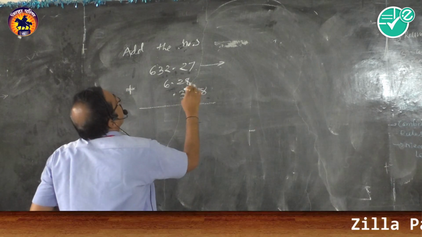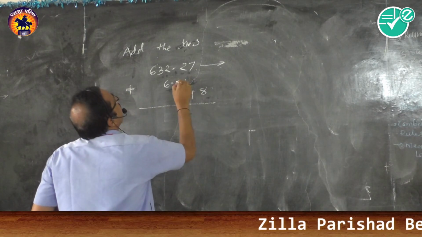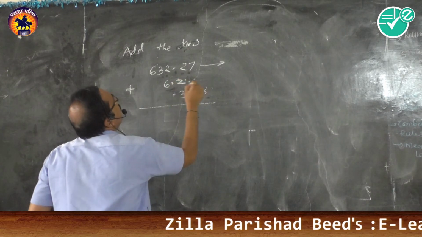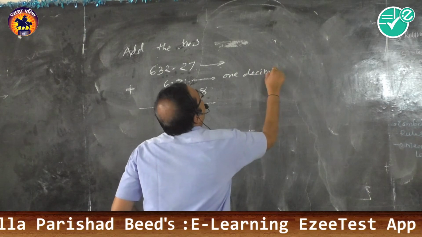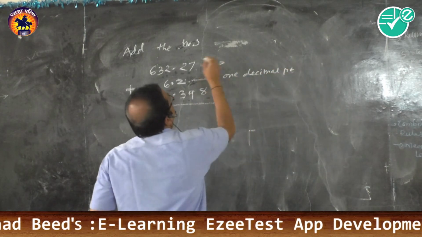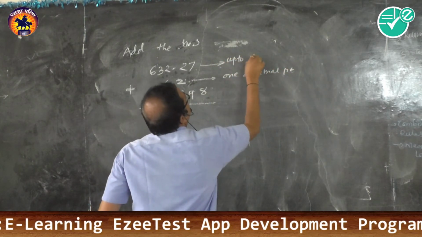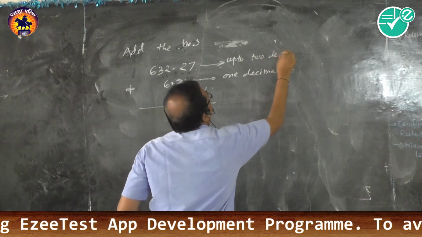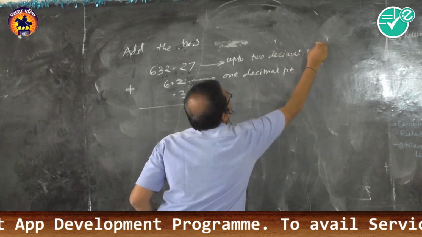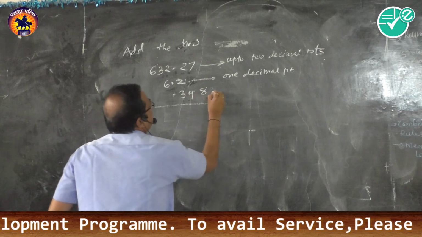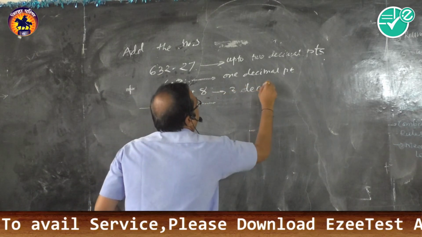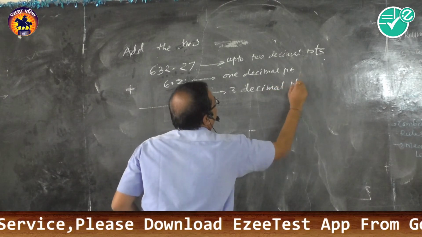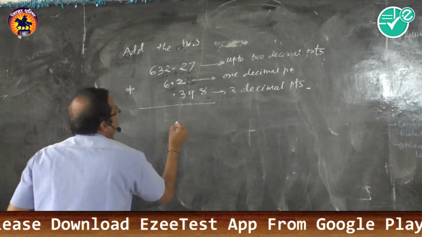Here it is 1 decimal point. Here this is correct up to 2 decimal points. This number is correct up to 3 decimal points. Therefore, the final result.